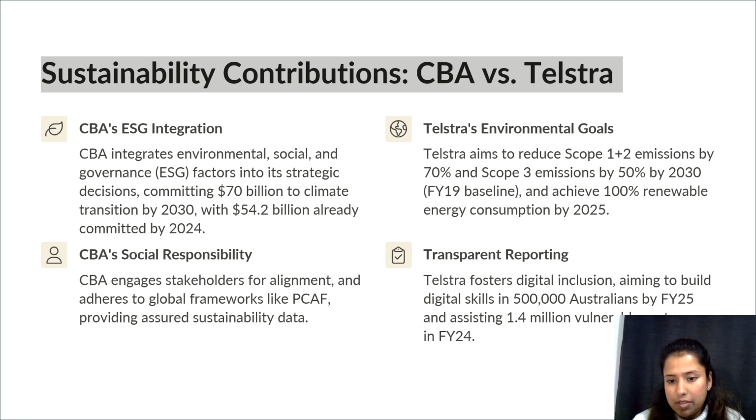Telstra fosters digital inclusion, aiming to build digital skills in 500,000 Australians by the year 2025. It has also assisted 1.4 million customers by financial year 2024. Moving to the next slide.